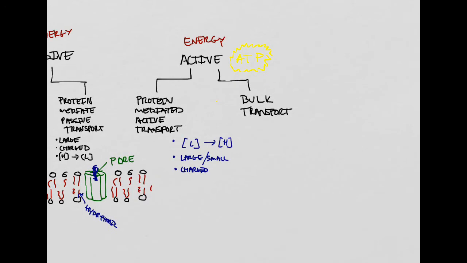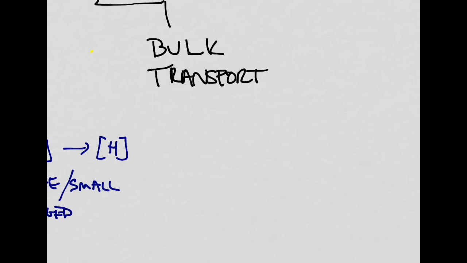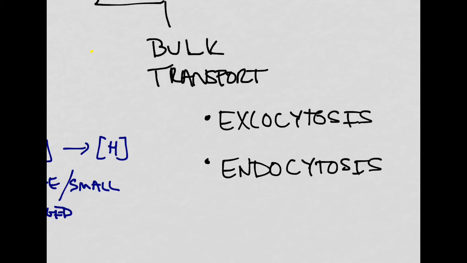Okay, and the last type of transport is bulk transport, and there are two types of bulk transport that we're going to talk about. The first one is exocytosis. This is things leaving the cell. And then we have endocytosis. This is things coming into the cell.